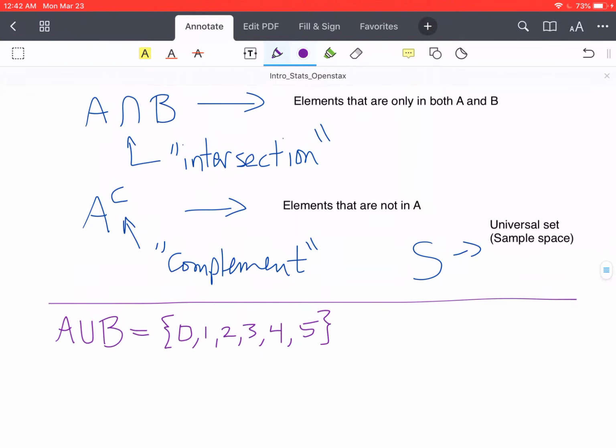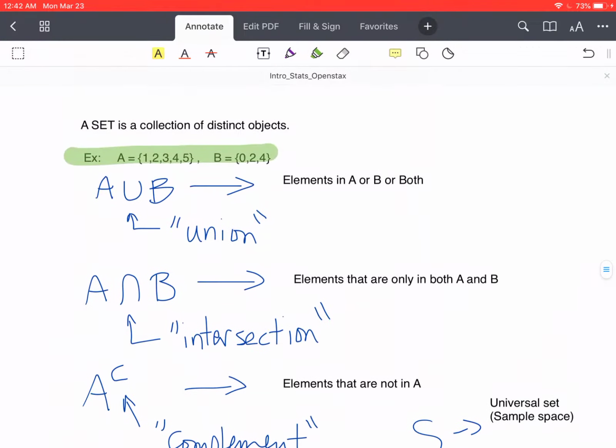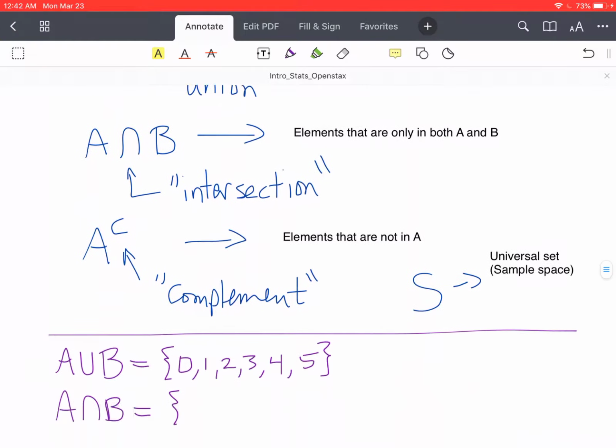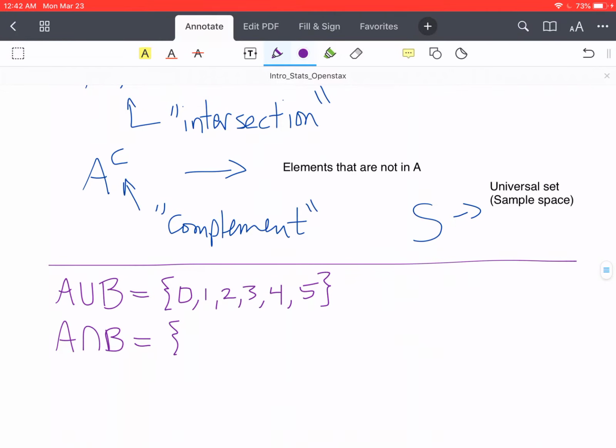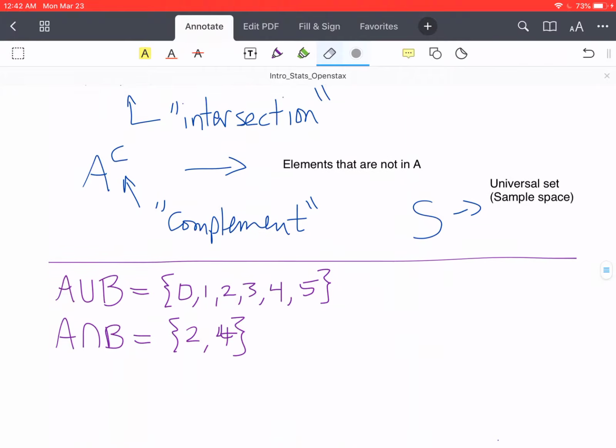And then A intersect B is going to be all the values that are in both A and B. If we go back up and look, the values that they both share are 2 and 4. Those are the only values that they have in common. So the intersection would just be 2 and 4.